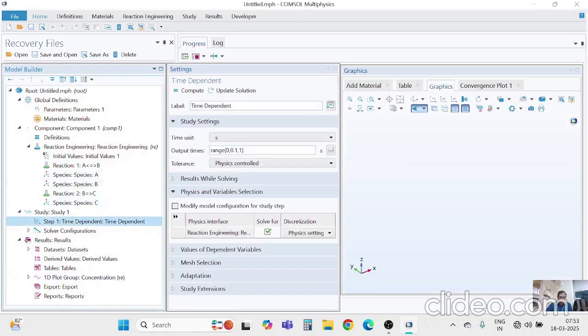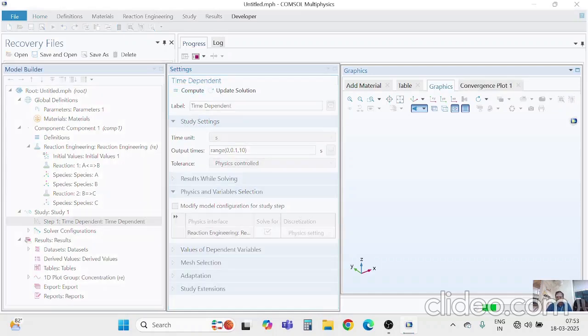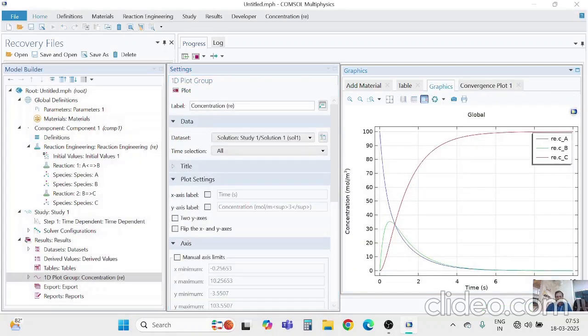Here you can also change the time interval from 0 to 10 with the interval of 0.1 and compute. This is the way we are able to predict the kinetics of a reaction by using the rate constant.